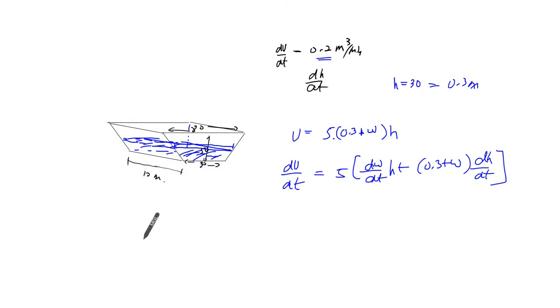Now, let's just draw this trapezoid in the front. Looking at it directly, it will look like this. This is 30, and there's a water level here. This is 80, and this is our W. So the question is, what is the relationship between W and H? Actually, let's exaggerate this a little bit.